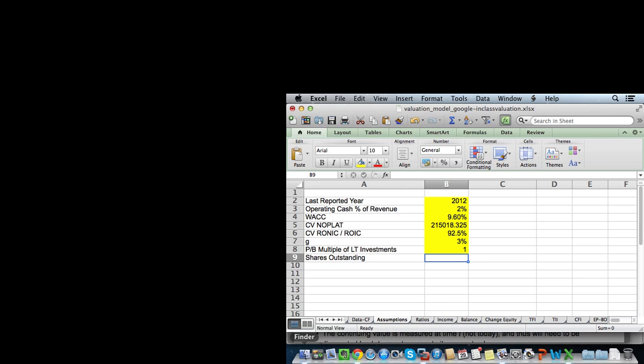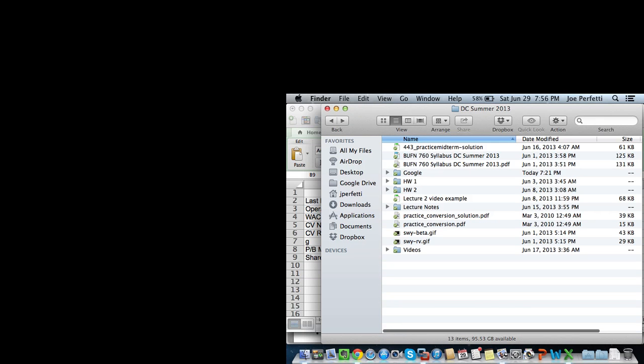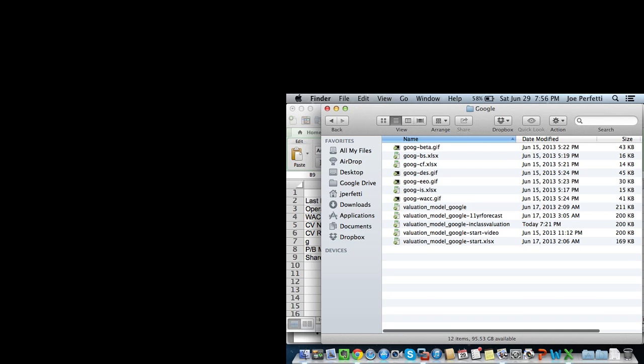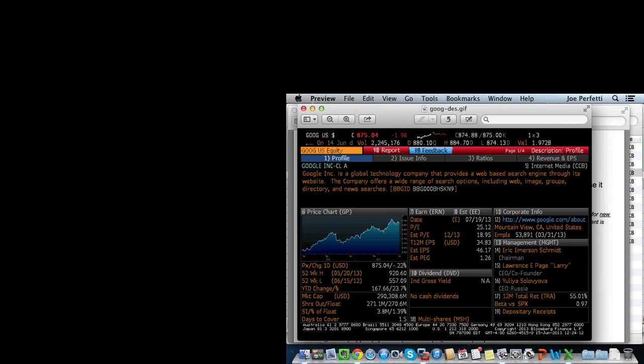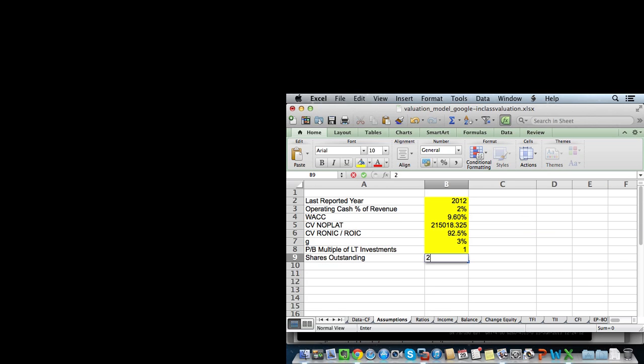And that was, as I mentioned before, off of the DES tab is the quickest way to find it in Bloomberg. So in Bloomberg, in the DES tab, or DS screen, shares out 271.1 for Google. 271.1. And again, I'll make that yellow because that's something that I could change in the future.